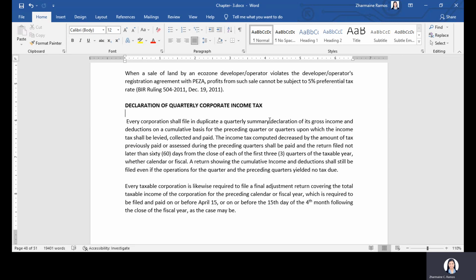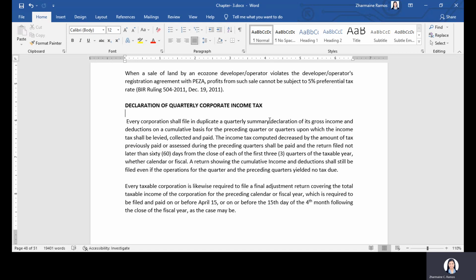So, every taxable corporation is required to file a final adjustment return covering the total taxable income of the corporation for the preceding calendar or fiscal year, which is required to be filed and paid on or before April 15, or on or before the 15th day of the fourth month following the close of the fiscal year, as the case may be.